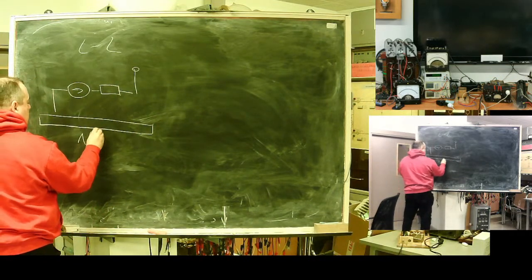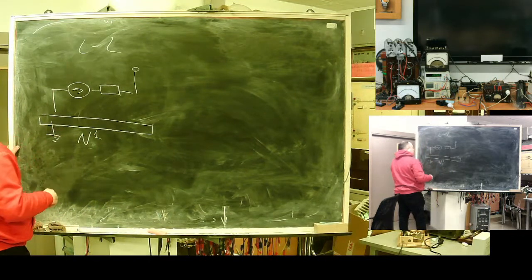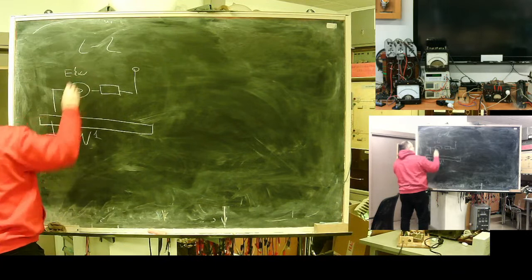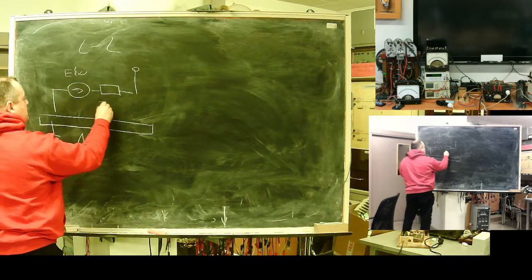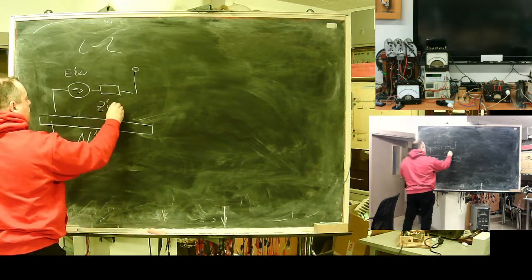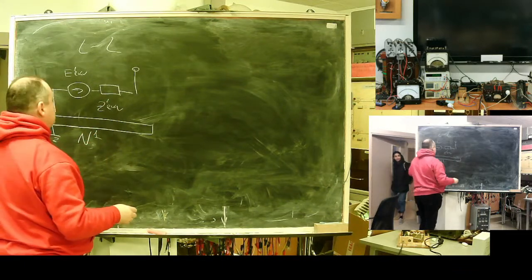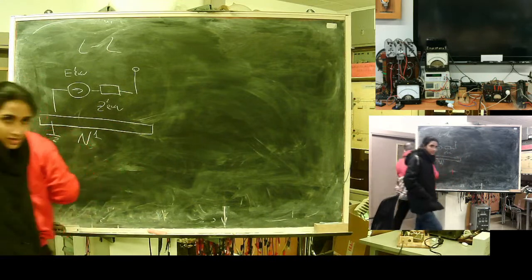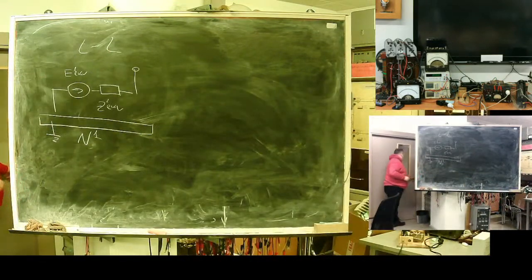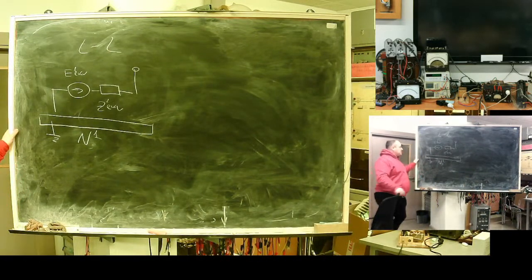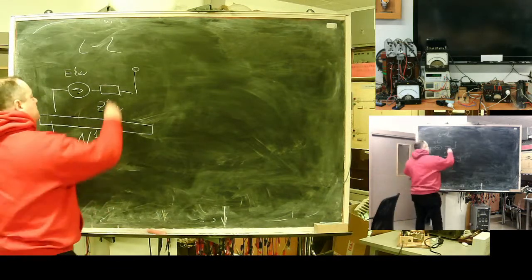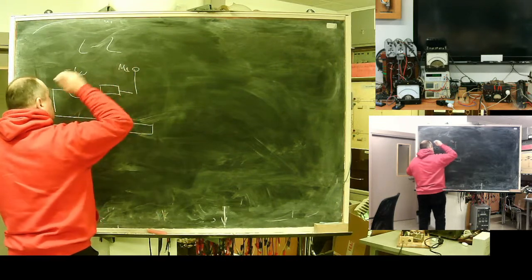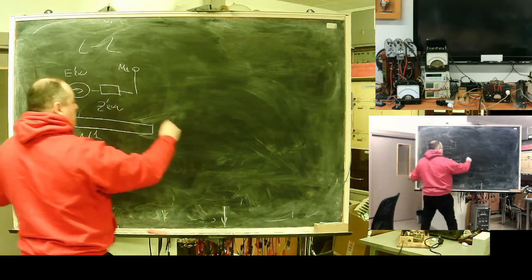This is common wire for direct sequence, equivalent EMF for direct sequence, equivalent resistance of the direct sequence. Let's say it's connection point of direct sequence.